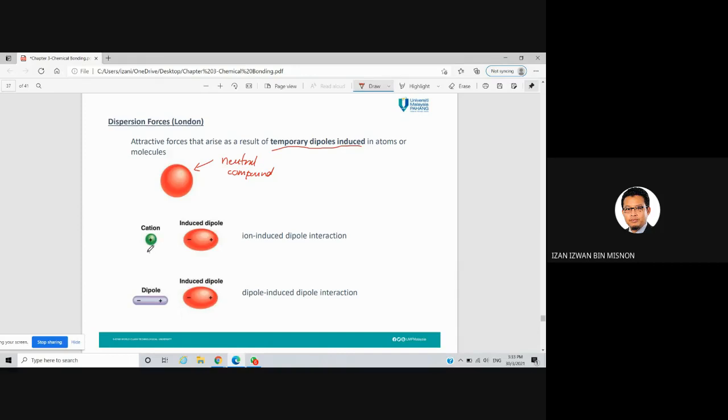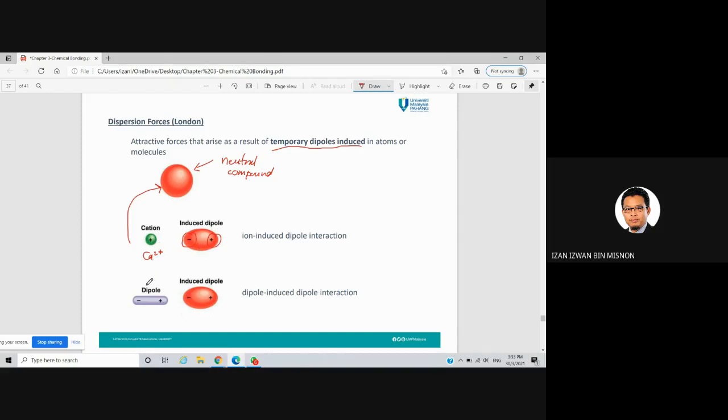Let's say we put in calcium 2 plus. Since calcium has a positive charge, its interaction with the neutral compound will make some part of the compound negatively charged and another part positively charged. But this only occurs temporarily. It's not a permanent charge. So this is for an ion.